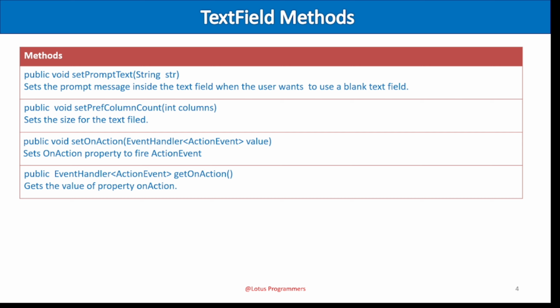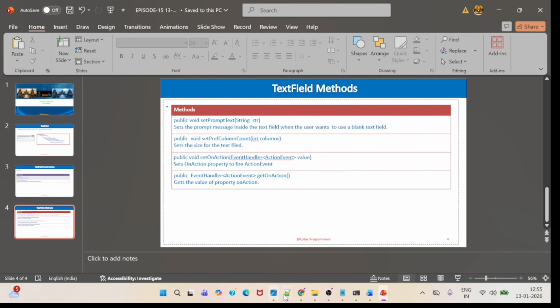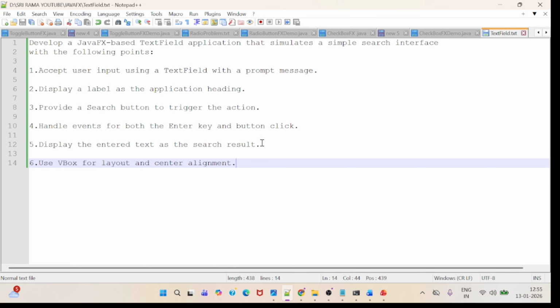Let us take the hands-on demonstration of text field by understanding the demo problem statement. We develop a JavaFX text field application which accepts user input from a text field with a valid prompt message.